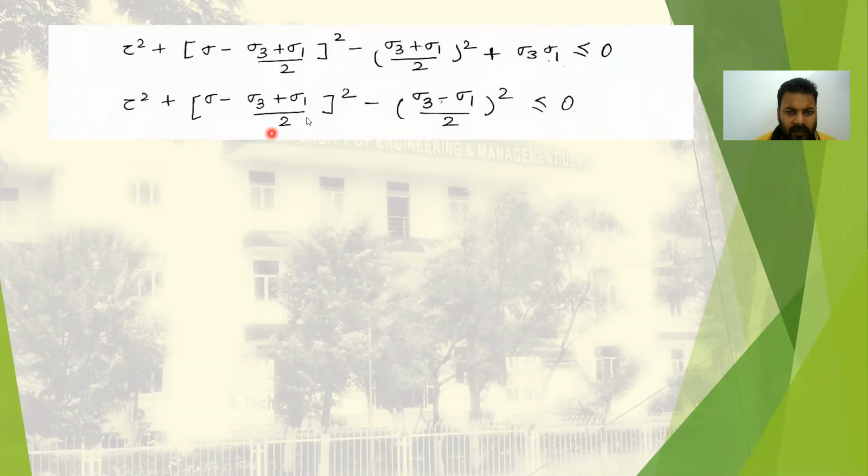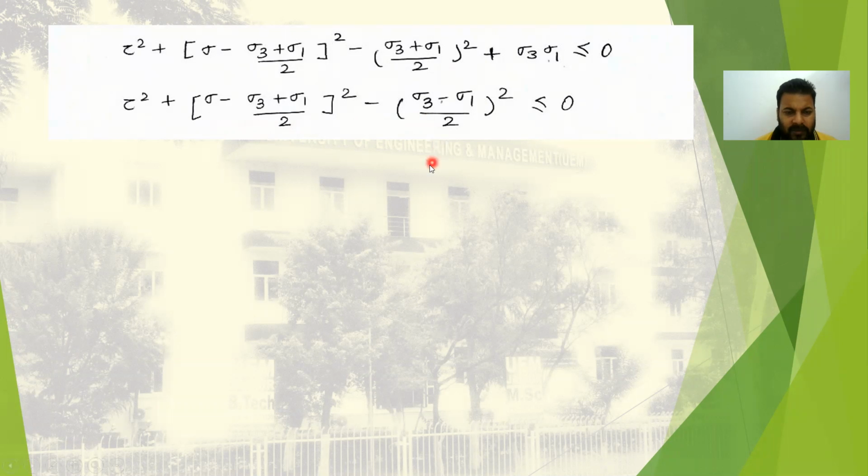So this term has been adjusted like this so that it is sigma minus sigma 3 plus sigma 1 by 2 whole square minus sigma 3 minus sigma 1 by 2 whole square.